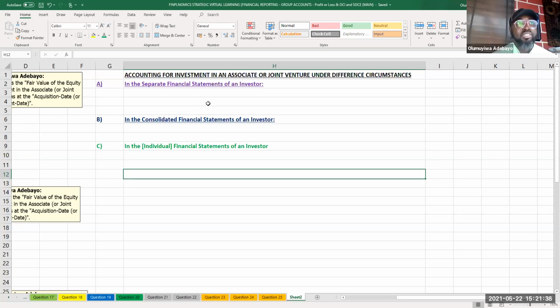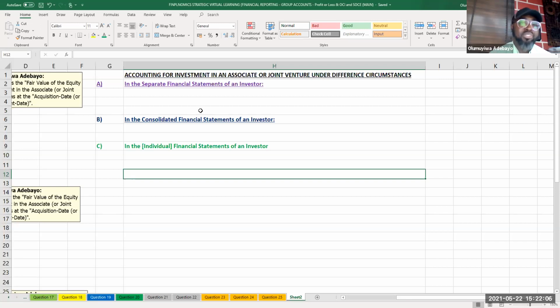Your network is breaking. Let me now break the ice. Separate financial statements only refers to the financial statement of an entity that is a parent entity that produces a separate account other than its account by way of consolidation.